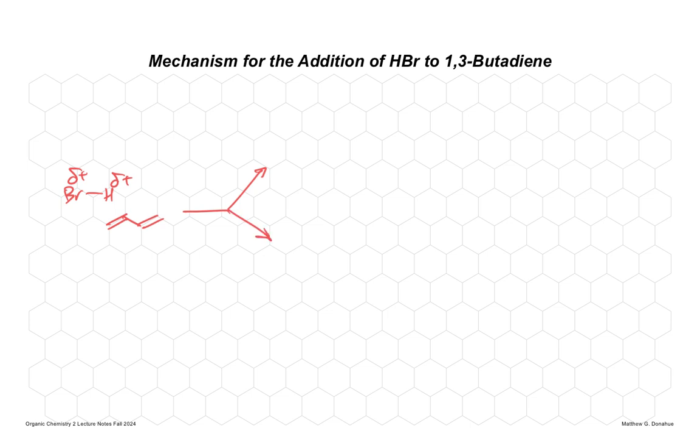And the reason I want to do that is because, as we talked about in Organic 1, that pi bond is going to be the nucleophile. So nucleophile supplies electrons.